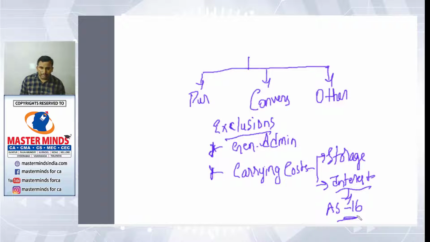So if the inventory takes a substantial period of time, then it will also become a qualifying asset. Let us take that you are a builder who constructs buildings and then sells them. Will constructing the building take substantial time for you? Undoubtedly yes.